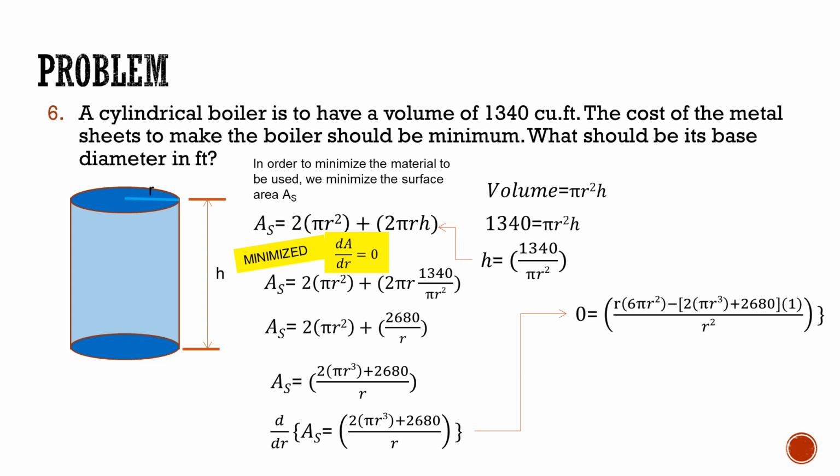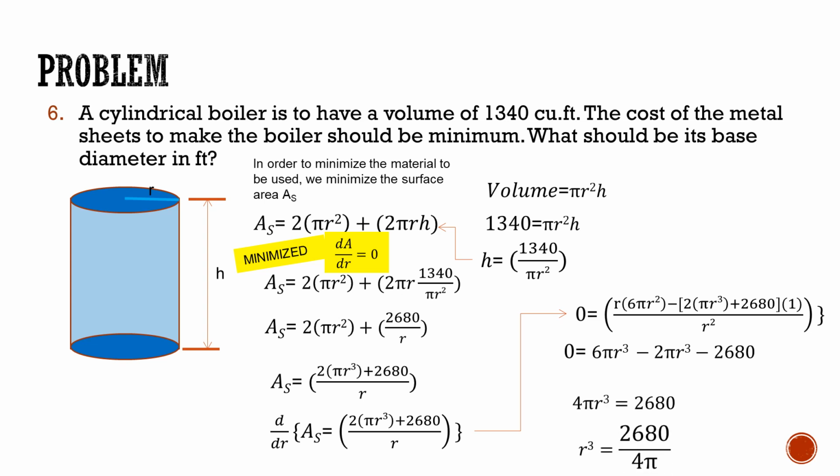Then copy pi r squared, bawas tayo ng isa sa isang radius. And then minus u dv, just copy all of the terms, and then differential of r is 1, all over v squared. That equates to r squared. So, r squared, again, dito, magko-cross multiply lang yan sa 0. And then, by manipulation, yan na.